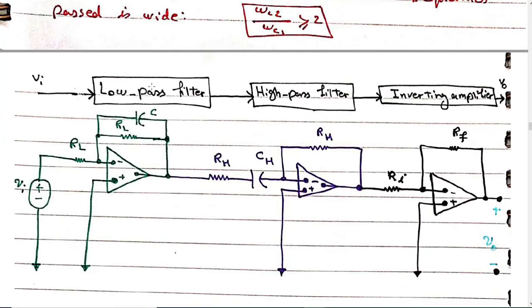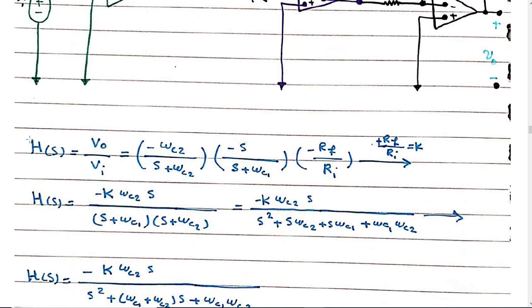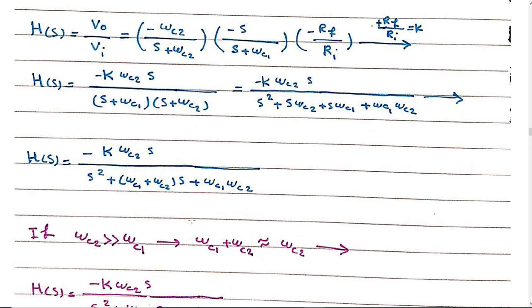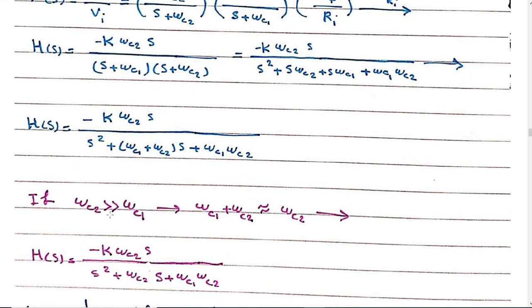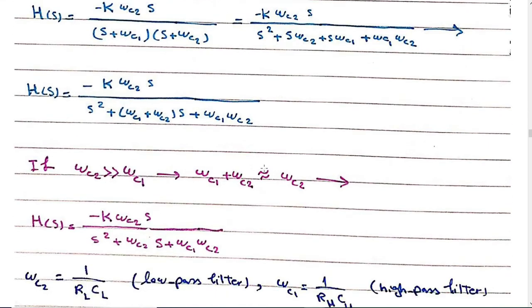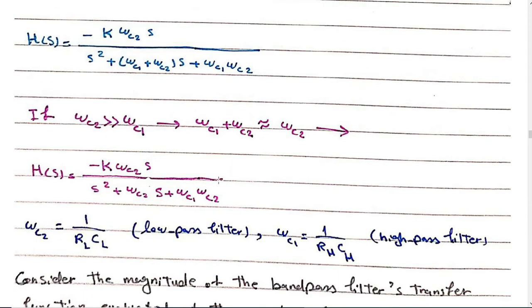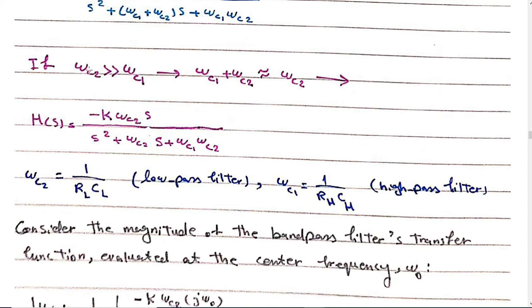So after that, we use a low pass filter, a high pass filter, and an inverting amplifier. This is our gain circuit, this is our high pass filter, and this one is our low pass filter. So the transfer function is this. Because we assume that this is a broadband filter, omega C2 is much, much greater than omega C1. So omega C1 plus omega C2 is about equal to omega C2. After rearranging the equation, we get this for the transfer function.